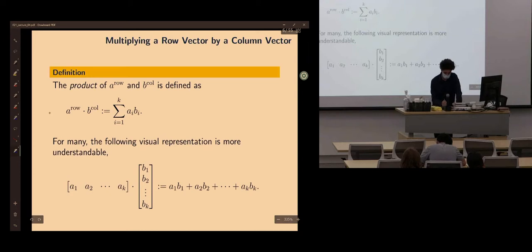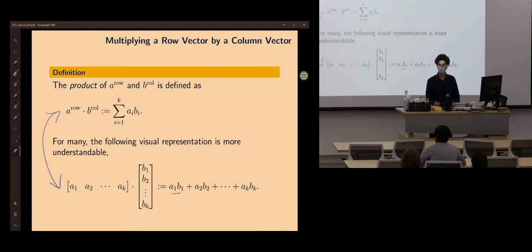So what you see here, it's simply saying multiply the corresponding entries: A1 times B1. Now A1 is a scalar. We know how to multiply two numbers. So there's no ambiguity in this part. Plus A2 times B2.